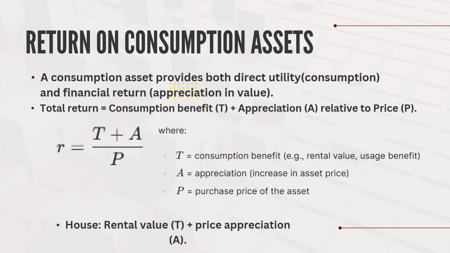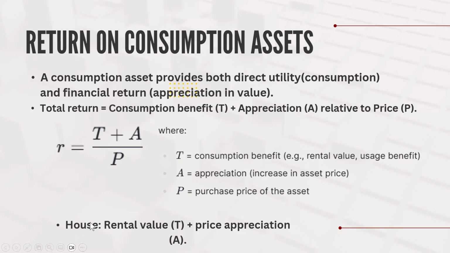Here we see return on consumption assets. Consumption assets provide both direct utility and financial return, which is appreciation in value. So the total return will be consumption benefit T plus appreciation A. So here we see the formula: return equals T plus A divided by P. Here T is the consumption benefit, which is rental value or use benefit, plus A, appreciation, which is the increase in the value of this asset over time, divided by P, which is the purchase price of this asset.